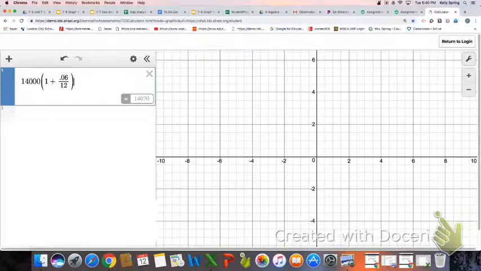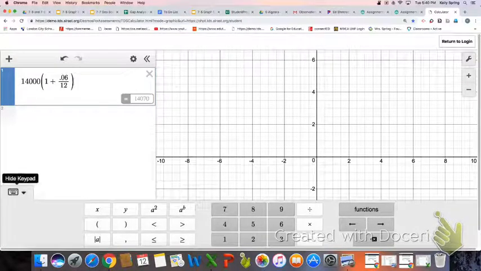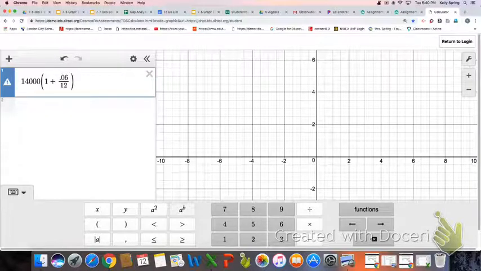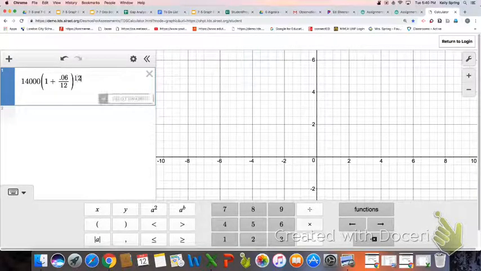Now, down here, you should have the option to show the keypad. So you can do this one for exponent. And my exponent is 12 times 10. So 12 times, for some reason this isn't all showing, so I'm just going to use a 0.